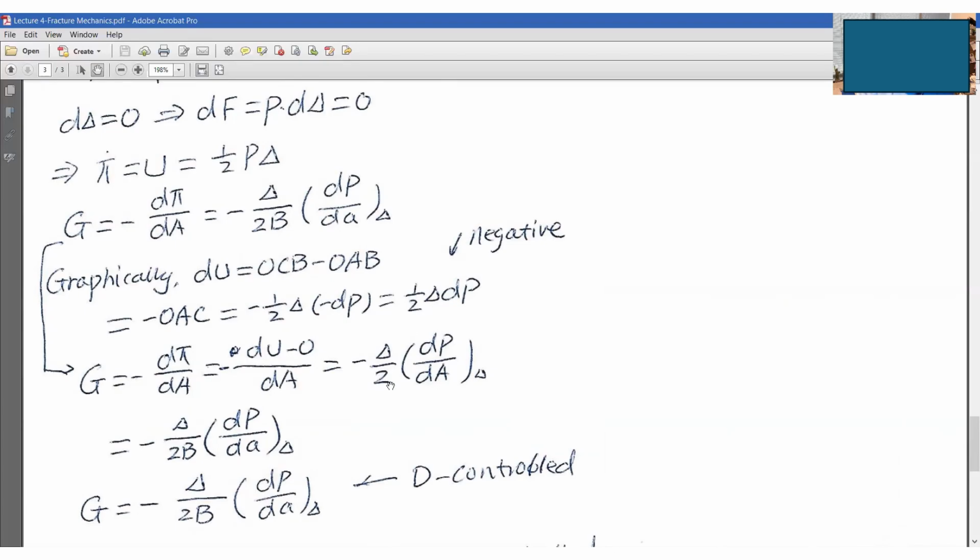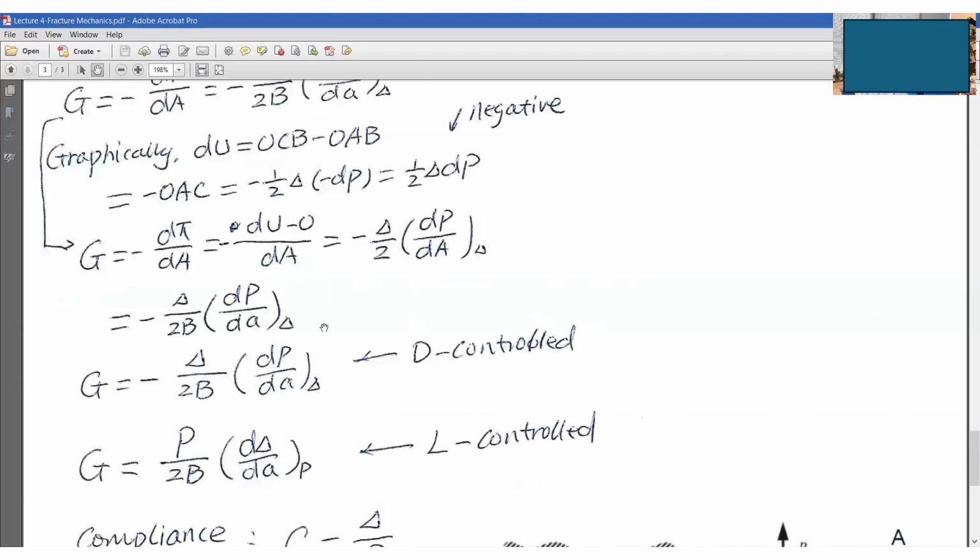So 1/2, negative is here, delta dP, and the delta means this is a displacement control. And so we can see delta over 2B and dP over dA, because dA equals B multiplied by lowercase da. That's the reason we have this here.